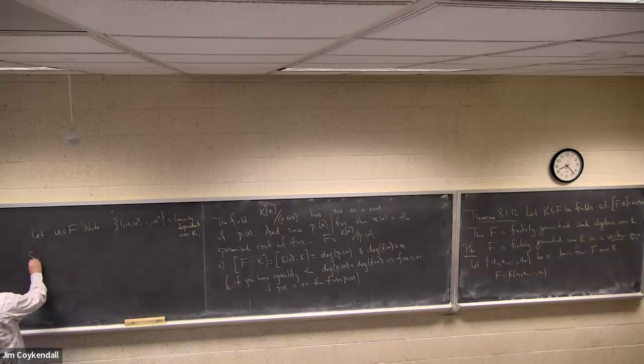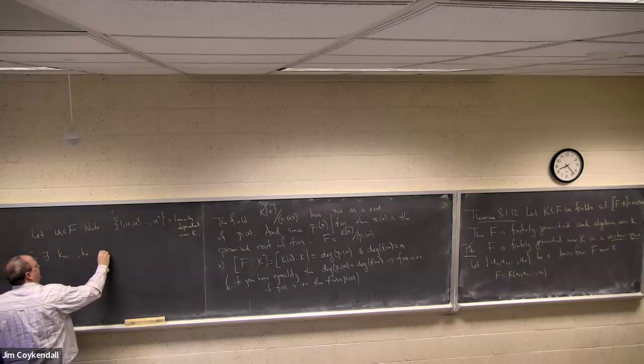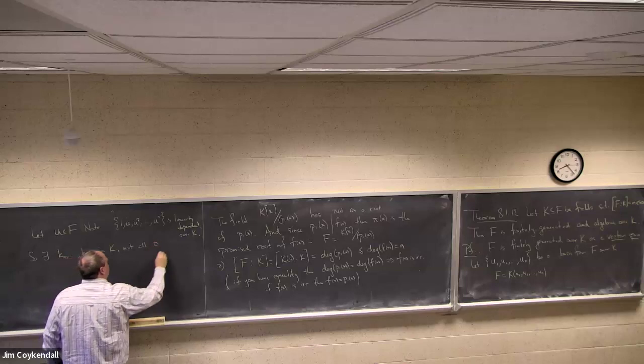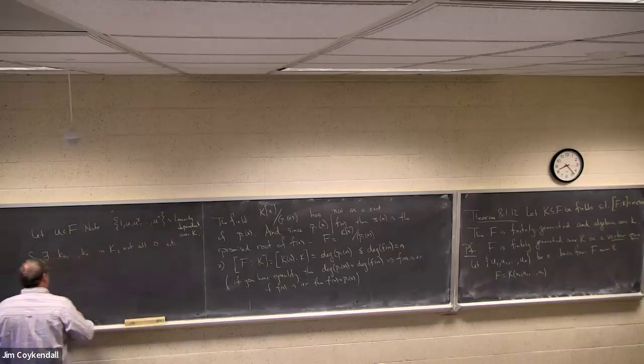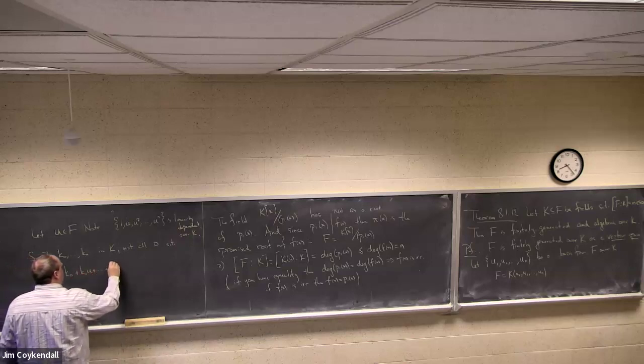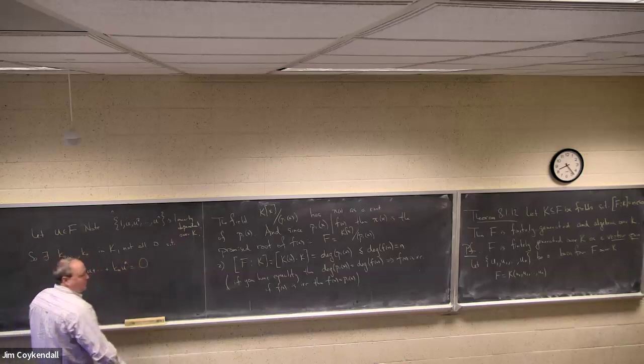So there exist k0 up to kn in K, not all zero, such that k0 plus k1 u plus ... plus kn u^n is equal to 0.